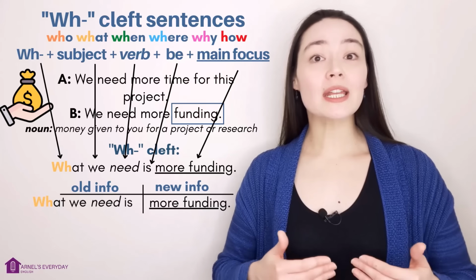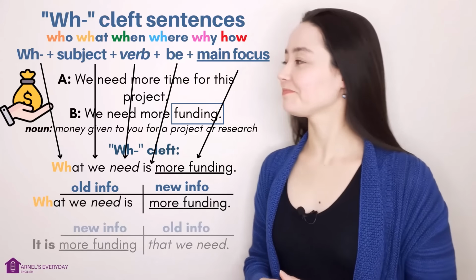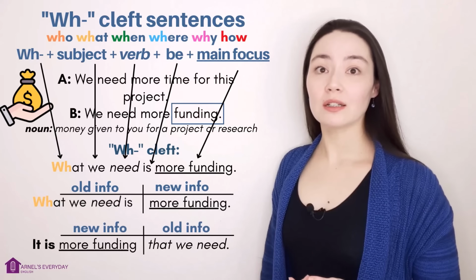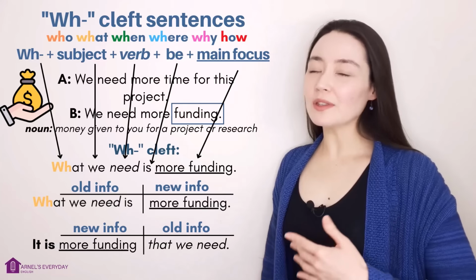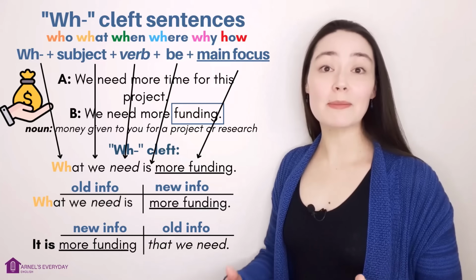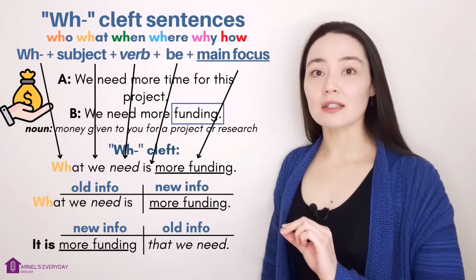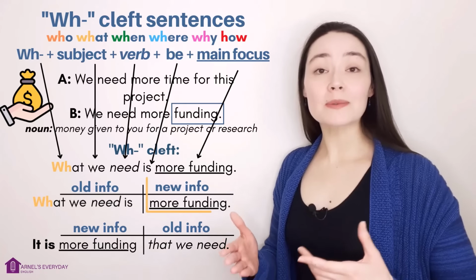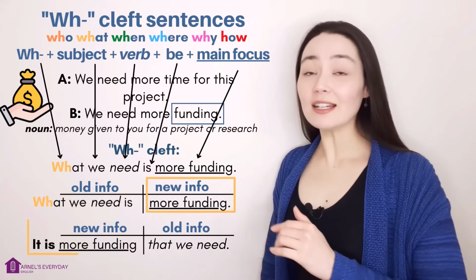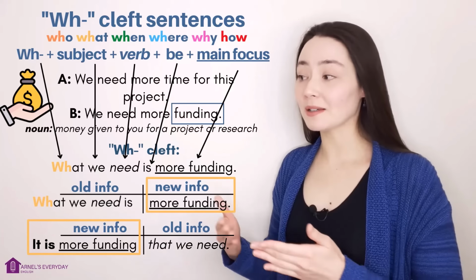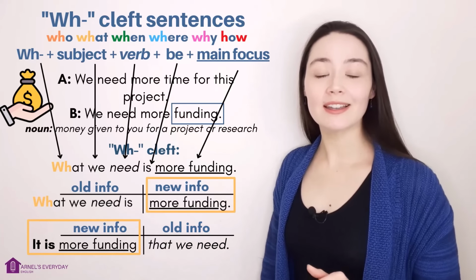Let's compare this to an it-cleft sentence just for a second. It's more funding that we need. So both of these give you the same information, but again, it's about that variety. And notice in a WH-cleft sentence, the main information comes at the end. In an it-cleft sentence, that main information, that new information comes at the beginning after it.